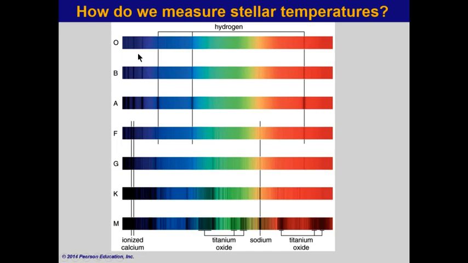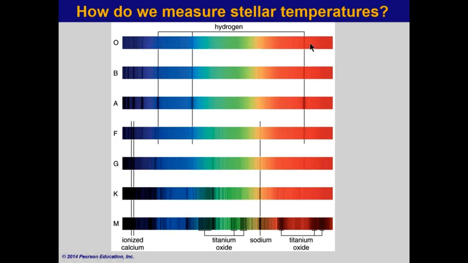The hotter an object was, and if you go back and think about the solar nebula and when things would condense out, if it's too hot, all of the molecules cannot condense. They can't even form into their atoms if it's too hot. But once it cools off enough, the atoms can form and then the molecules can form. So looking at these top spectra, it is so hot, things have ionized out.